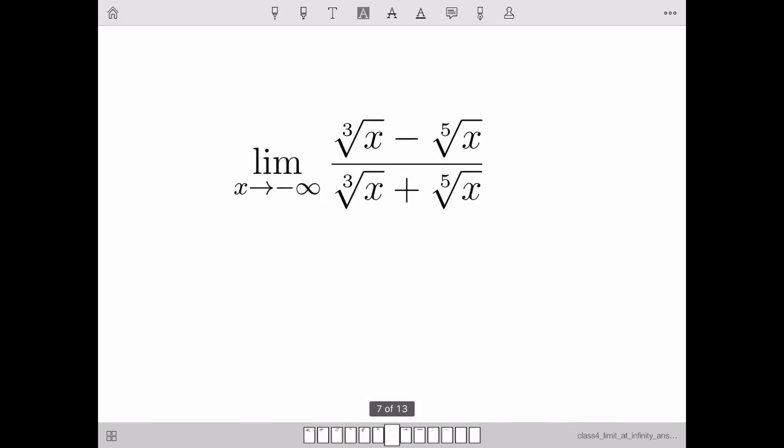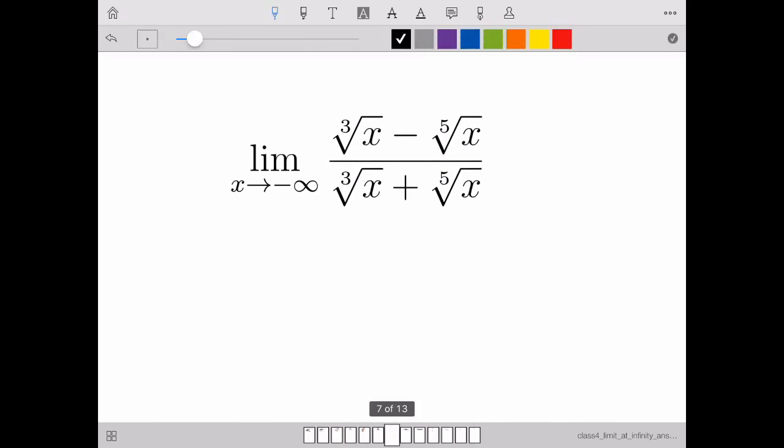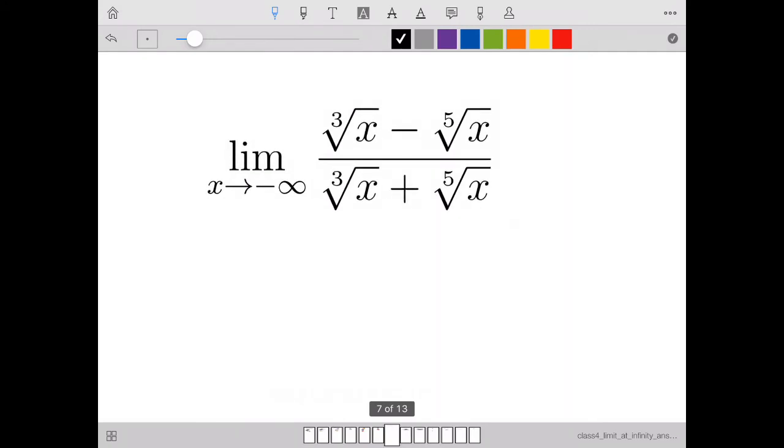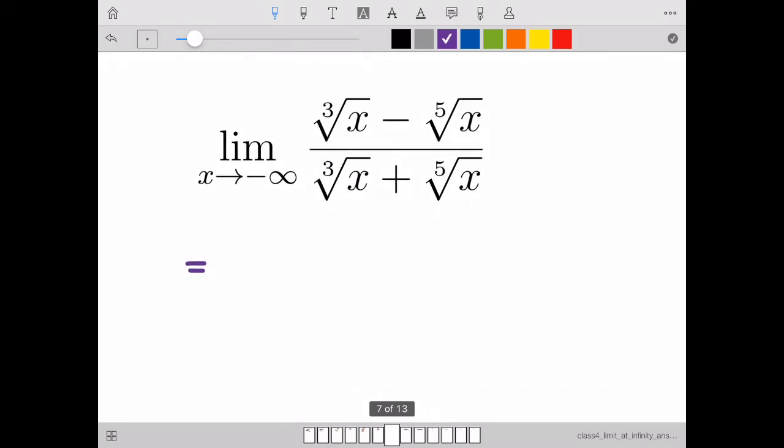E, I have cube root of x minus fifth root of x over cube root of x plus fifth root of x. Okay, so this is again that approaches minus infinity, that approaches minus infinity.